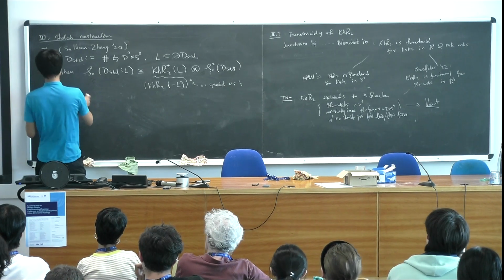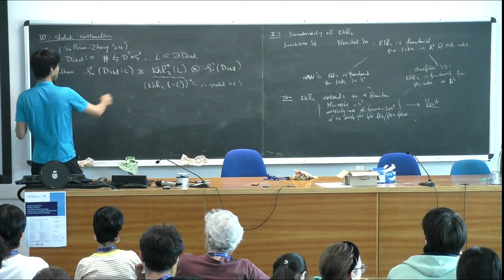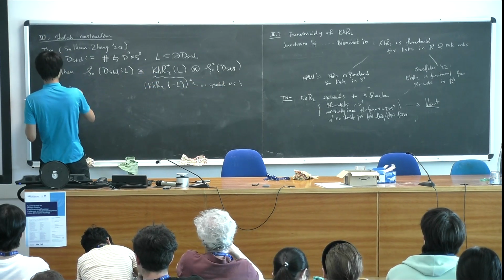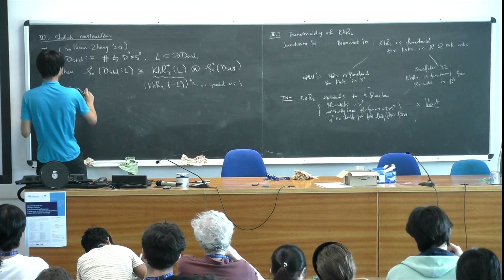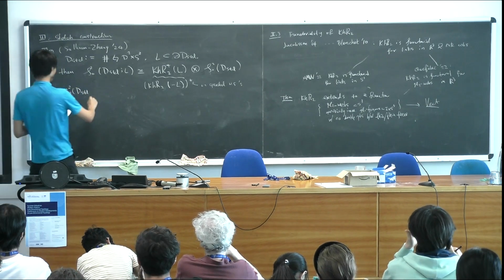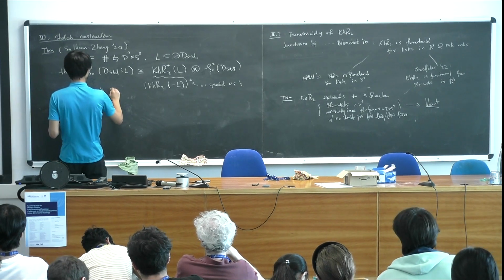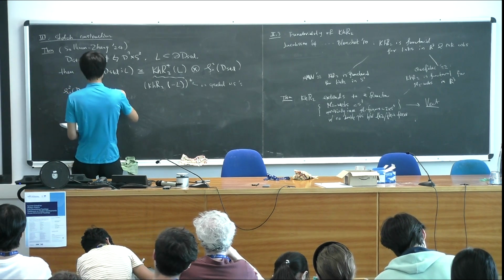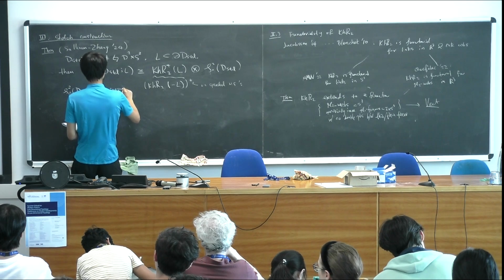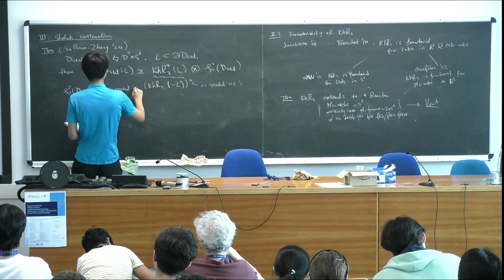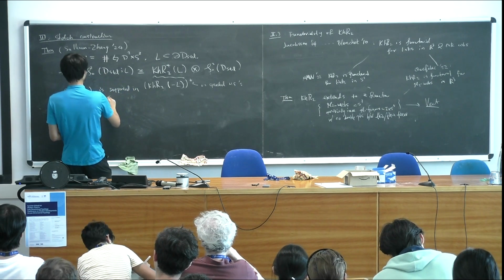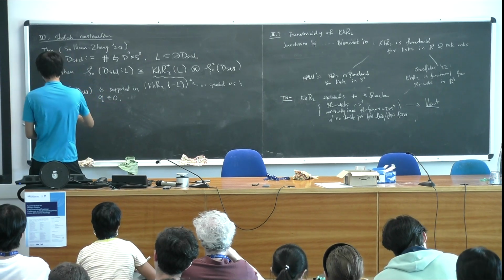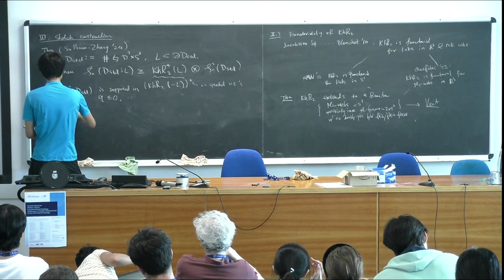Maybe I want to say a little bit about this factor. For D standard, the skein lasagna module is supported, one can really write down a formula of this, but I'm short on time, so I'm not going to do that. But I'll tell you this is supported in quantum degree less or equal than 0. And there is an H2 action.